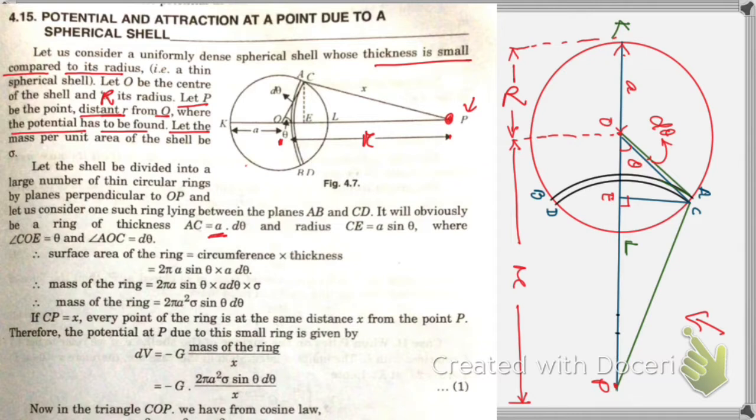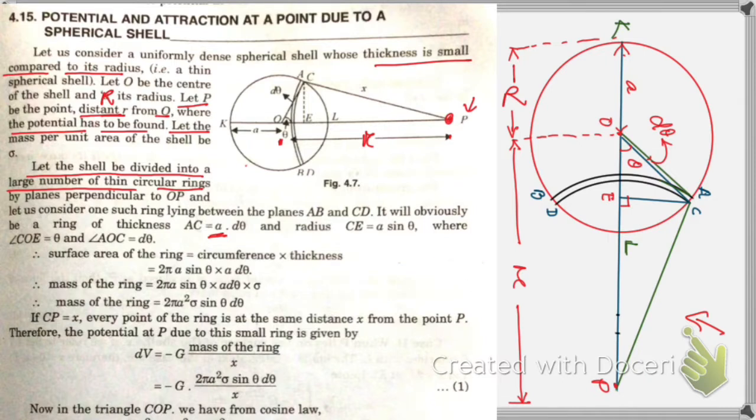Now you see, let the shell be divided into a large number of thin circular rings. So this is the shell, suppose. Let us divide it into a very large number of rings of very small thickness. Very thin rings. Here you see, let us take one ring.